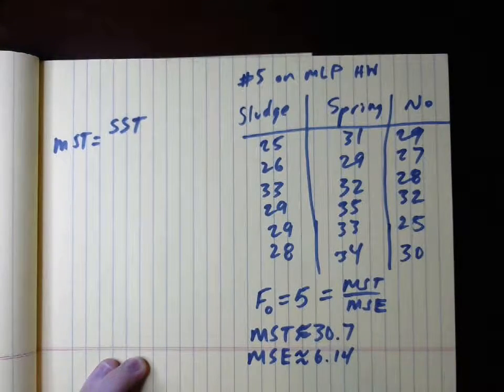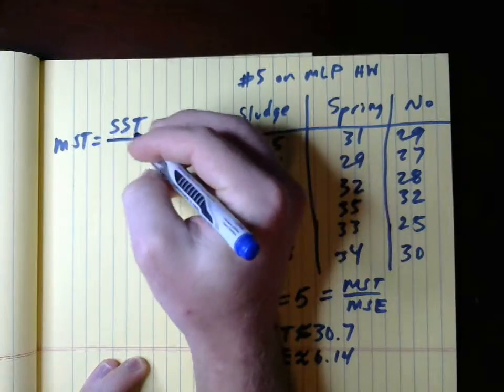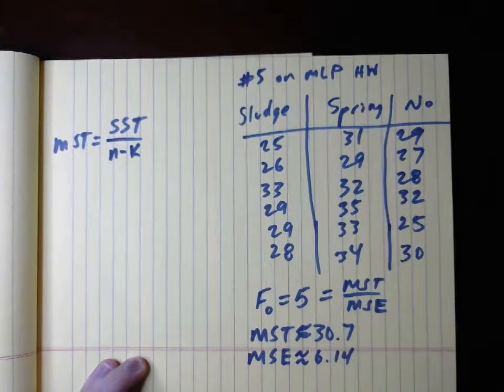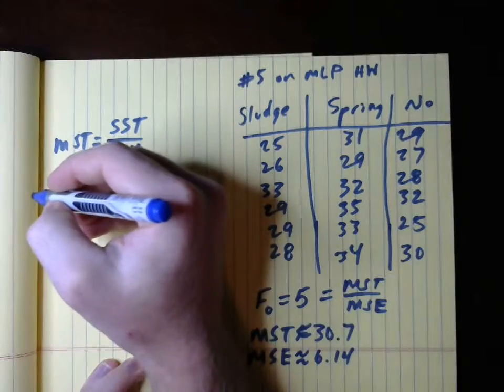And we're going to show how we get, and this is divided by n minus k.